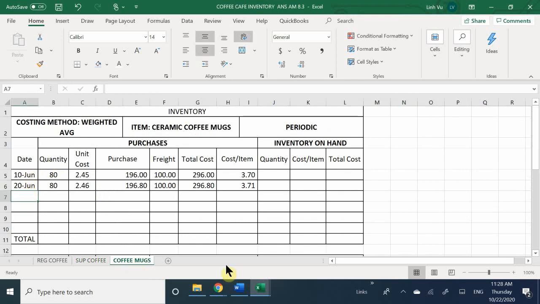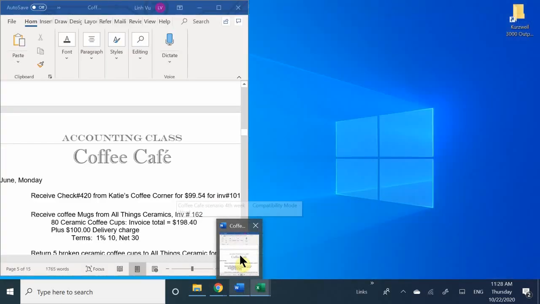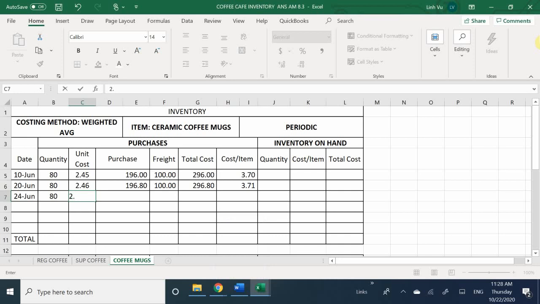What's the date? 6/24, 80 mugs at $2.48. Recalculate: 198.40 divided by 80 is 2.48.